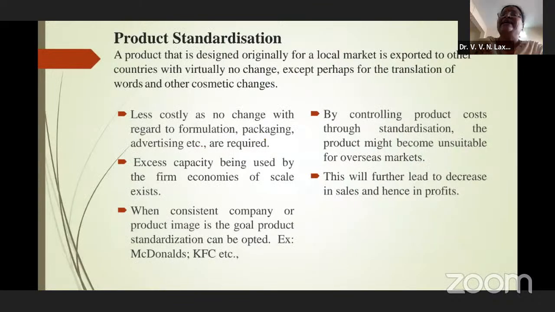Now, let us try to understand standardization versus adaptation. When I say standardization, we are talking about customer centric products or customer centric modifications a company tries to put into a product being standardized or reduced.